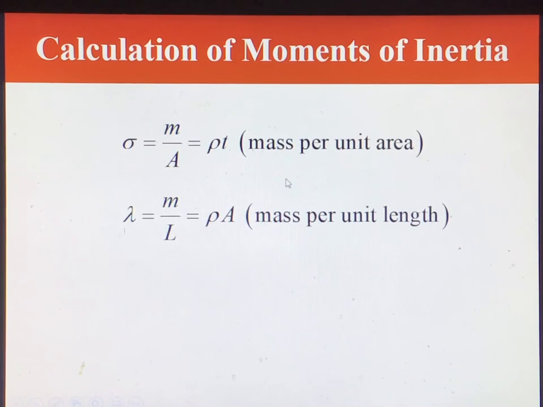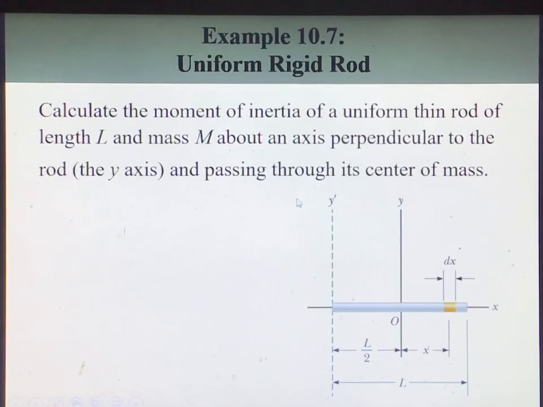If you have a two-dimensional mass, this is the mass per unit area, so you can write your sigma as mass over area. If there is a mass per unit length, then your lambda is mass over L, which you can write as rho times A. Again, we're going to show a few examples right here.